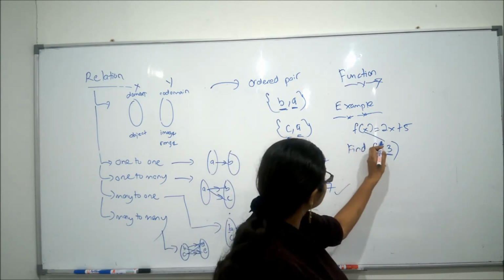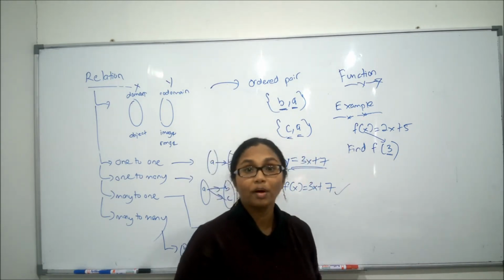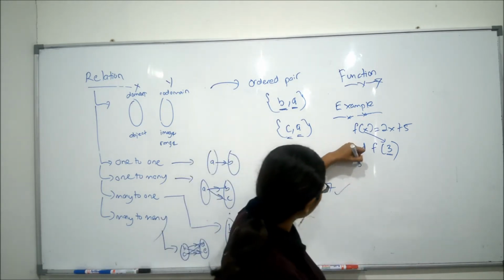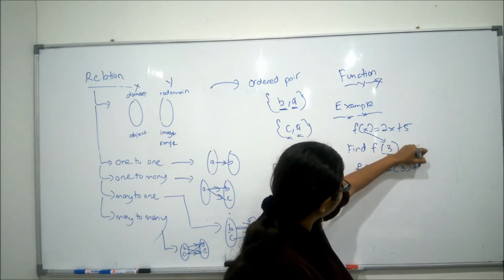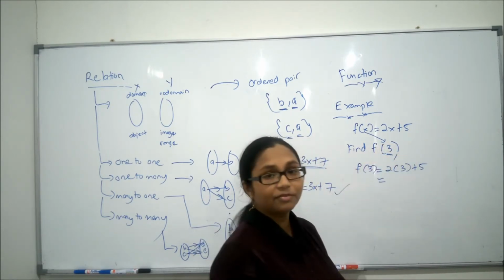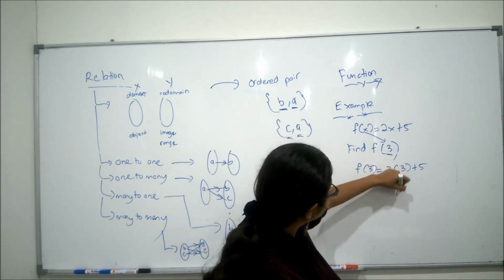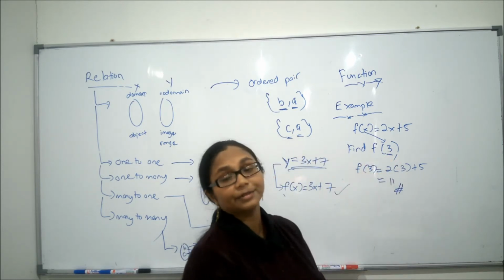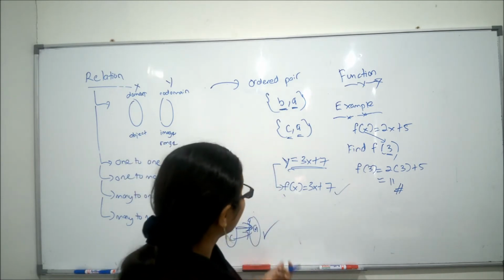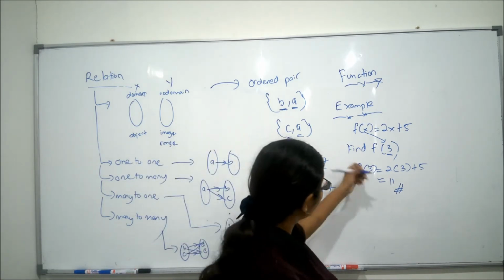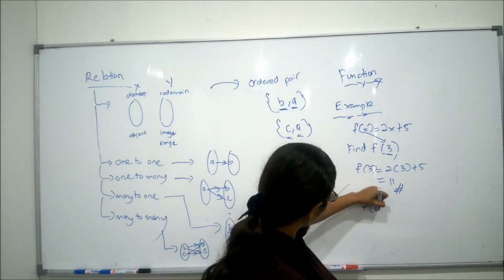Your x value is now 3. f(3) is equivalent to 2(3) plus 5, which is equivalent to 11. Make sense? Simple. One more example.